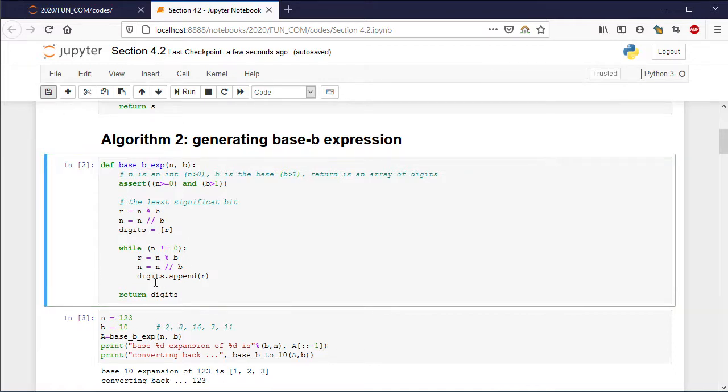Anyway, as I just explained in the slide for the pseudocode, we are going to have some iterations, and in each iteration, we calculate one coefficient, from the least significant digit to the most significant digit in this sequence.